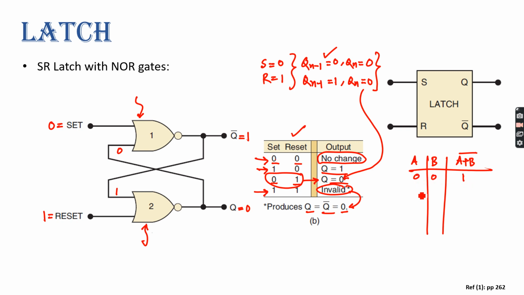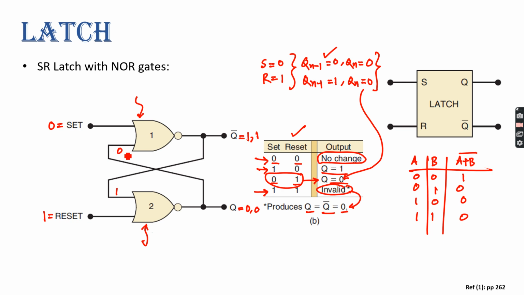So 0 0 gives you 1, 0 1 gives you 0, 1 0 gives you 0, 1 1 gives you 0, right? Yes, sir. So again 0 0 gives you 1, and 1 1 gives you 0.